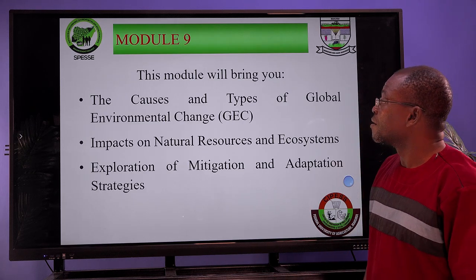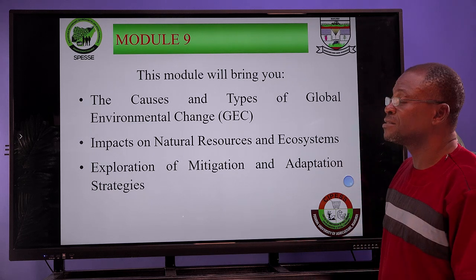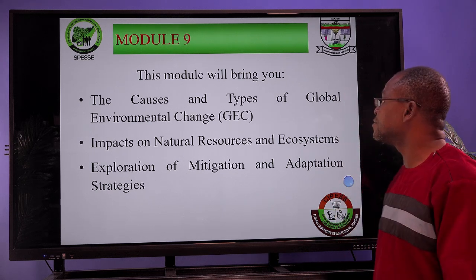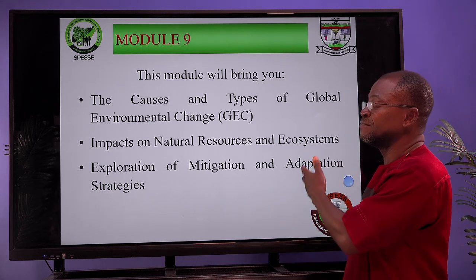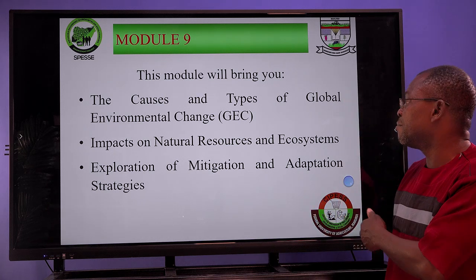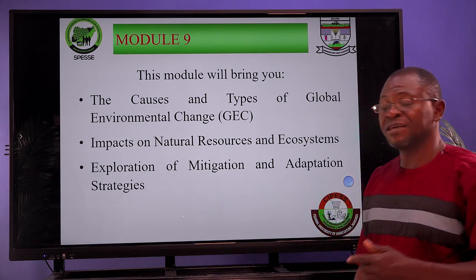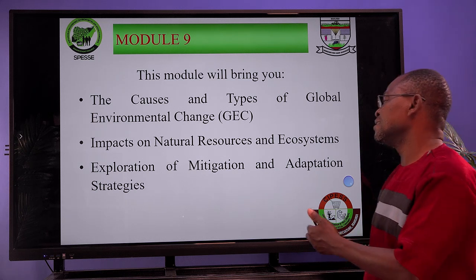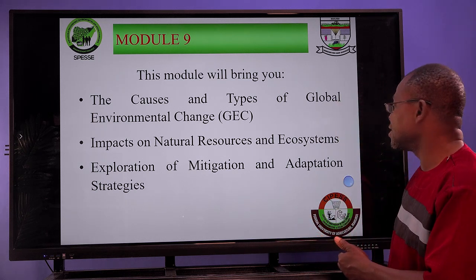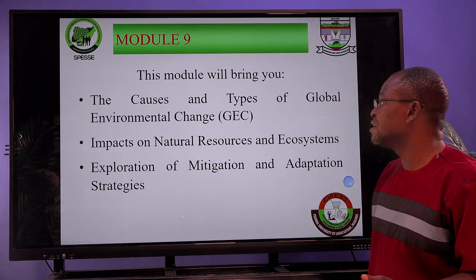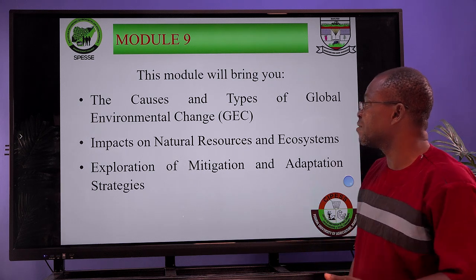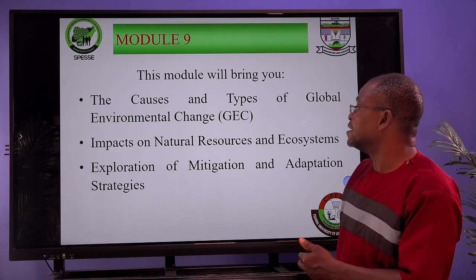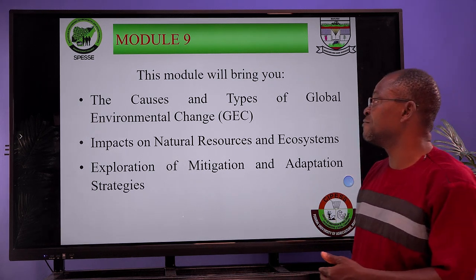So, moving forward, this module is going to bring you the causes and types of global environmental change, which we'll abbreviate as GEC, the impacts on natural resources and ecosystems, and then we'll explore the mitigation and adaptation strategies that should be done in order to take care of the impacts of the environmental changes that we have induced.